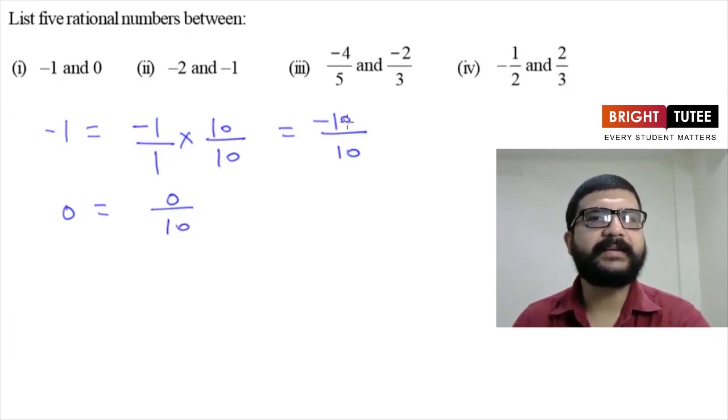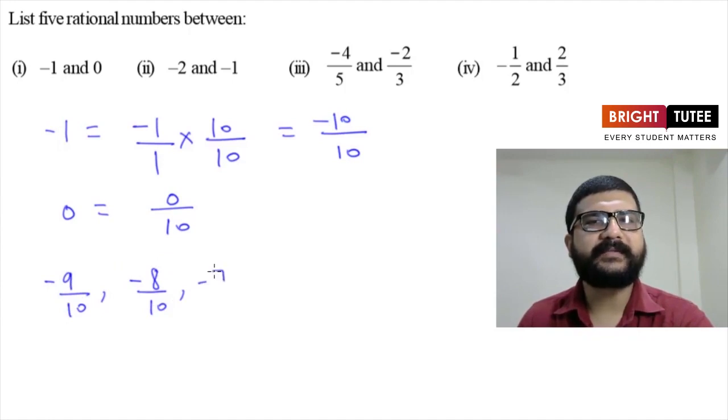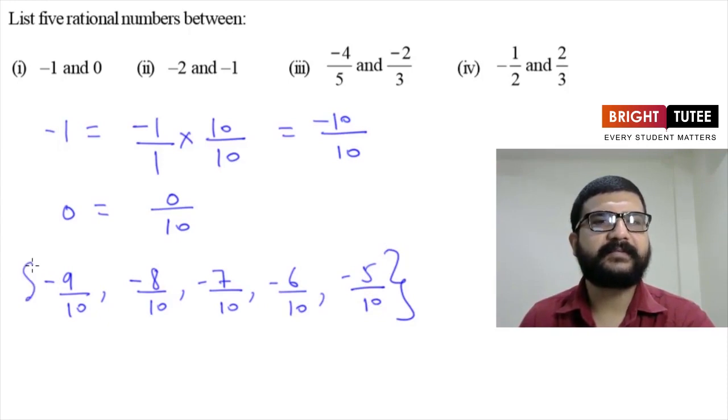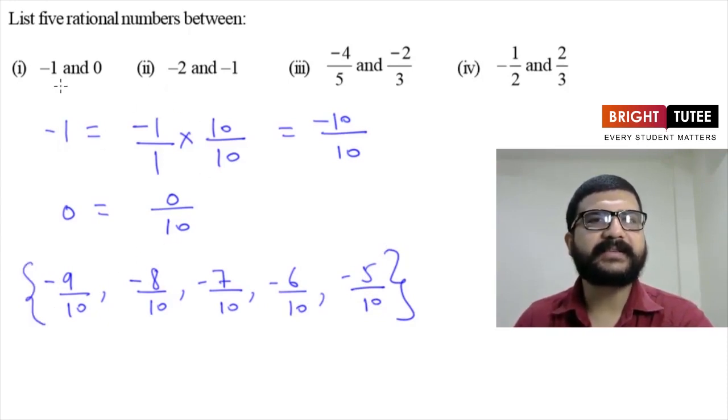So now we can find rational numbers between -10 upon 10 and 0 upon 10, and they will be -9 upon 10, -8 upon 10, -7 upon 10, -6 upon 10, -5 upon 10. So these are the 5 rational numbers which are lying between -1 and 0.